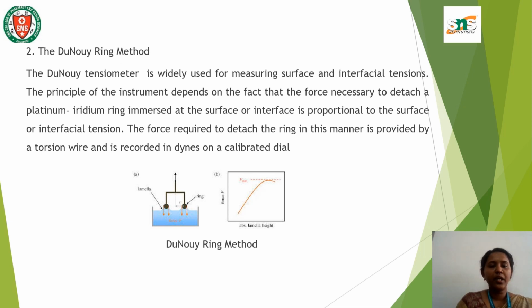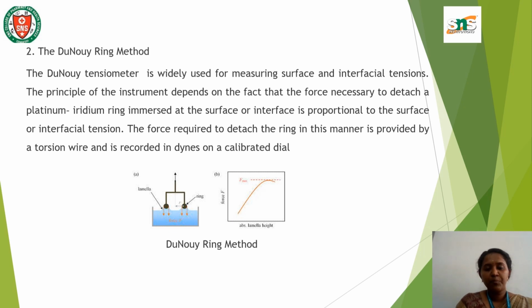The Du Nouy ring method. The Du Nouy tensiometer is widely used for measuring the surface and interfacial tension. The principle of the instrument depends on the fact that the force necessary to detach a platinum-iridium ring immersed at the surface or interface is proportional to the surface or interfacial tension. The force required to detach the ring in this manner is provided by the torsion wire and recorded in dynes on a calibrated dial.